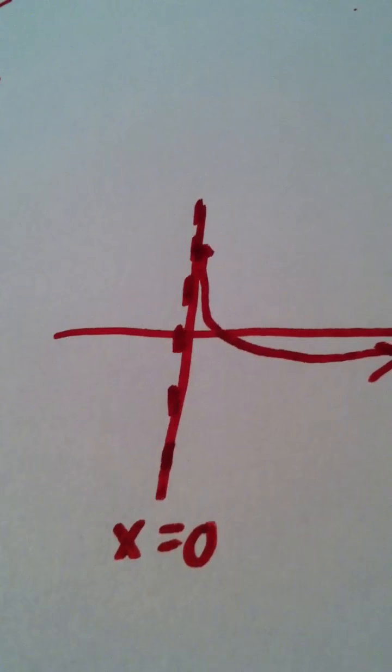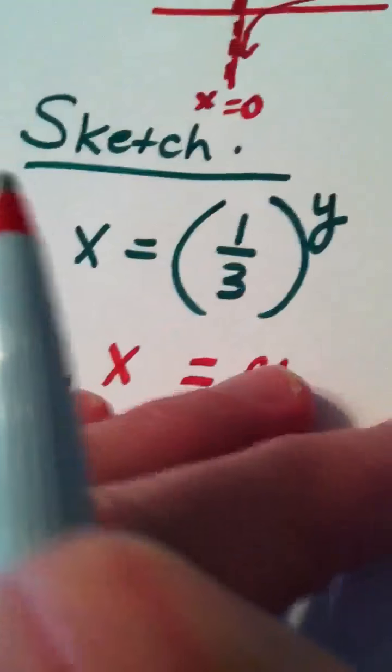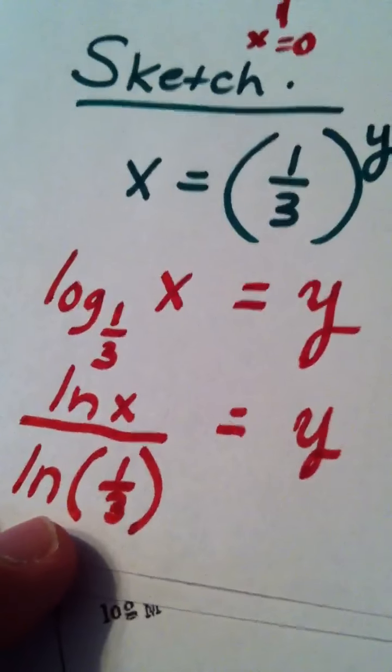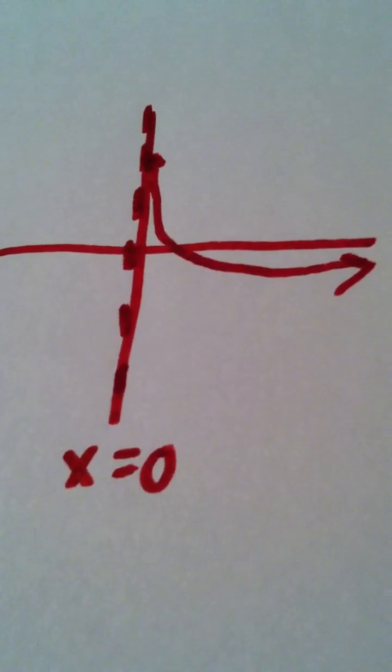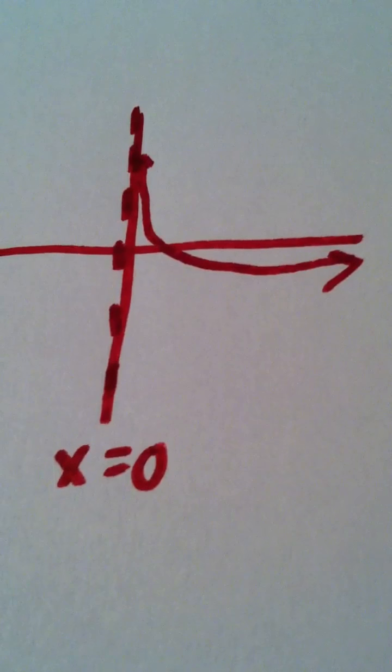And again, if you just trust your graphing calculator and you convert from exponential form to log form, then use the change of base formula, you're going to nail the graph every time. Okay, this is the end of section 5.3.